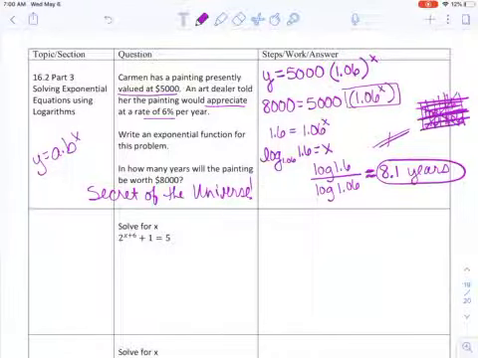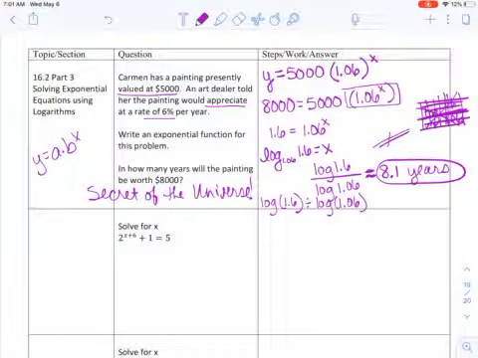And again, on my calculator, when I put in log, it automatically starts a parentheses. So I have to close it, and then do it like that. Because if I don't close that second parentheses, when I divide by log of 1.06, it's actually dividing the number and not the whole thing.